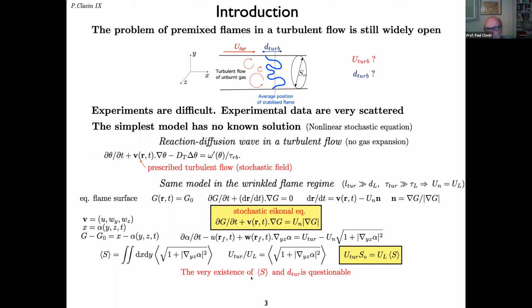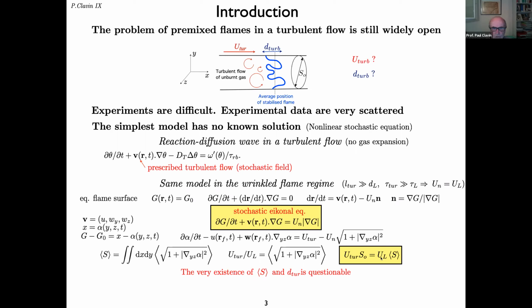The only thing that one can say, if we neglect the modification of the flame structure by stretching or by curvature, is that, just by conservation of mass, the turbulent propagation speed will simply be the ratio of the increase of the surface divided by the cross section of the tube, multiplied by the laminar flame speed.